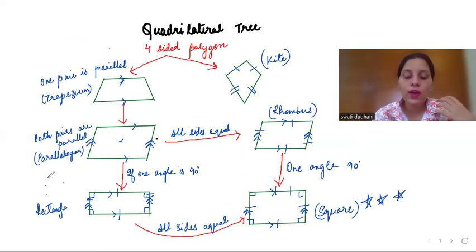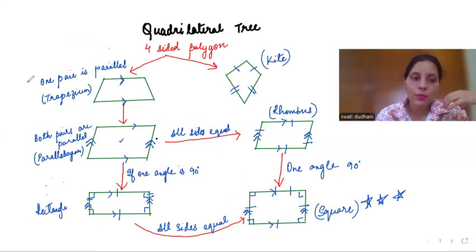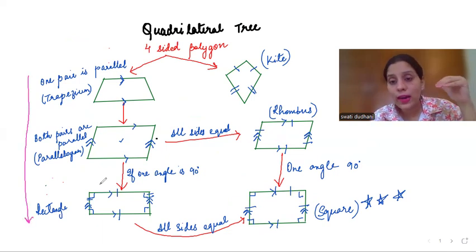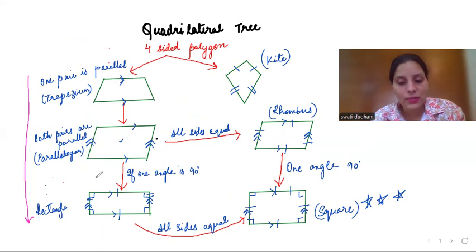Now if I come from top to bottom, a special property is being added, right? So when I'm coming from top to bottom, every time the bottom one has a special property, isn't it? So then it is always false.